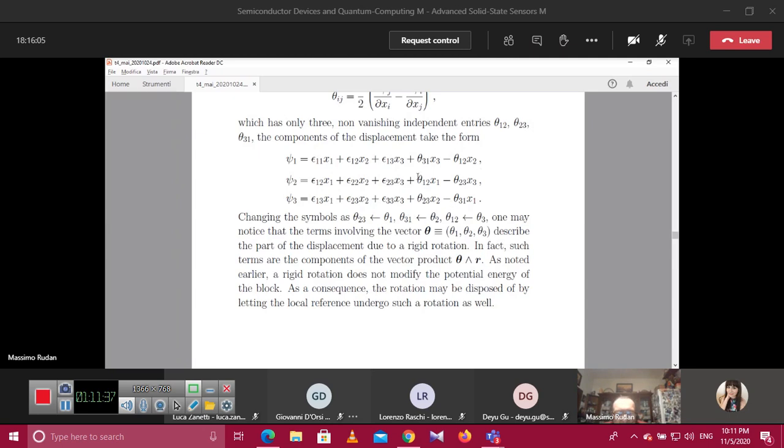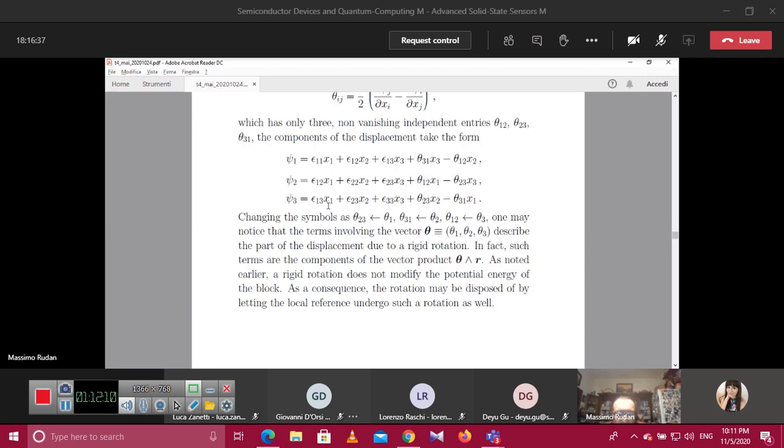Now, the other tensor can be written in short form as a vector theta of components theta 1, theta 2, and theta 3, vector product the coordinates. You can see immediately that these differences are exactly the components of this vector product, okay? And this is related to a rotation, okay?